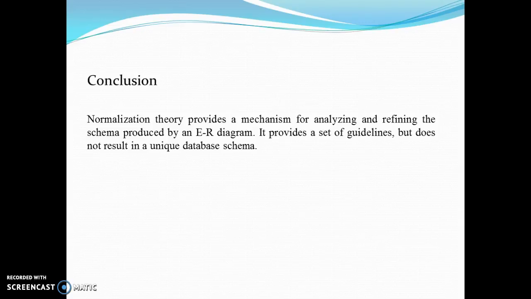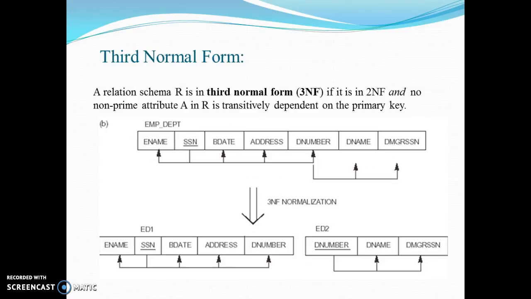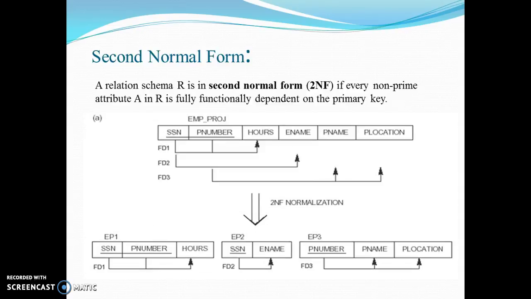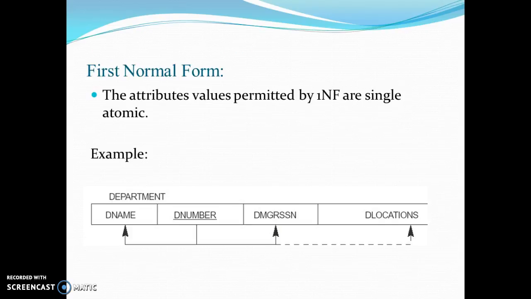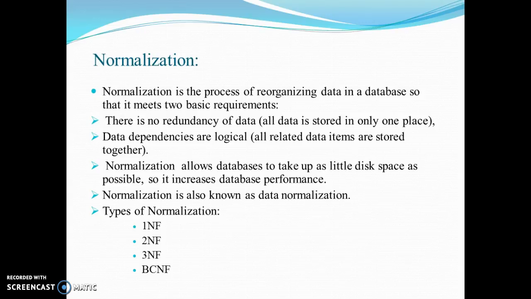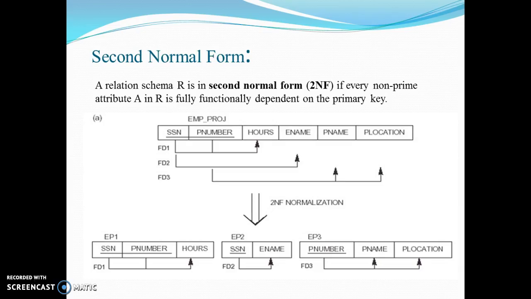So using different kinds of functional dependency, we may find the different types of transitive dependency on the primary key.